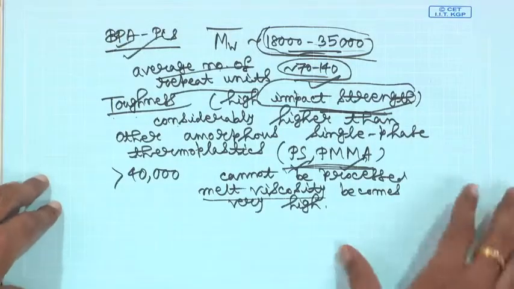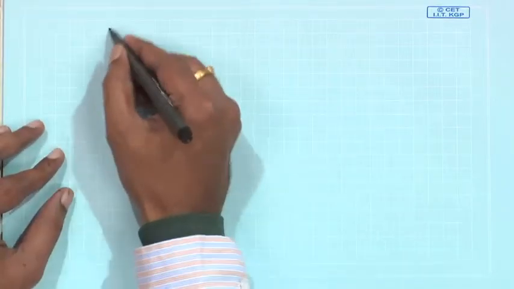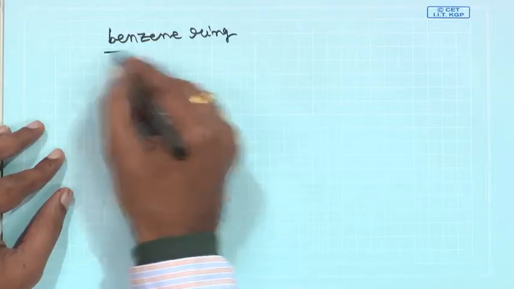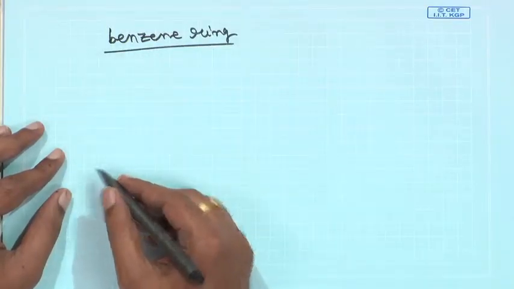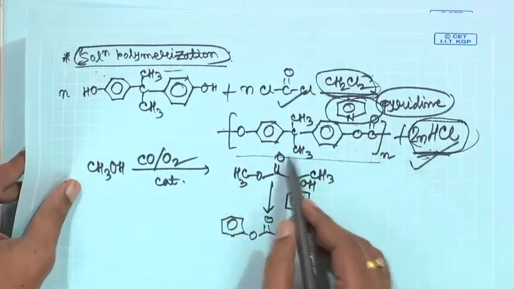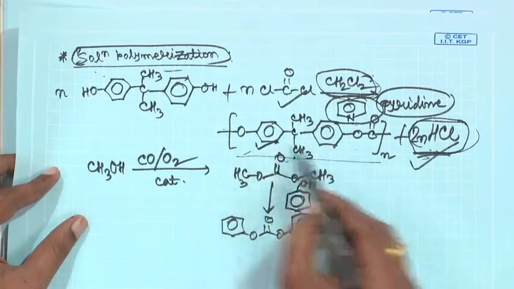All right. Now, let us look at the properties in somewhat more detail. You have a combination playing a role here. You have benzene rings present in the system, and you have bulky tetra substituted carbons also present. So, this is your bisphenol A based polycarbonate. You have bulky tetra substituted carbons and rigid aromatic units.